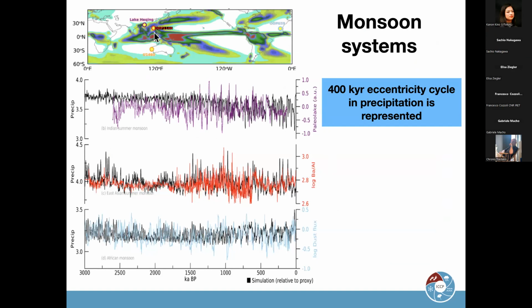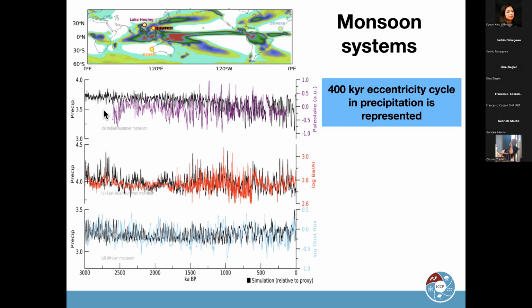Okay, we can jump into some of the monsoon system comparisons. This is a nice record also by Steve Clemens, where we can see some of the proxy variability, which is indicative of changes in the hydroclimate, really matches beautifully, even on these longer time scales, even on the 400,000 year time scale, with our simulation in black. If we look at other records, some of the variability is captured quite nicely.